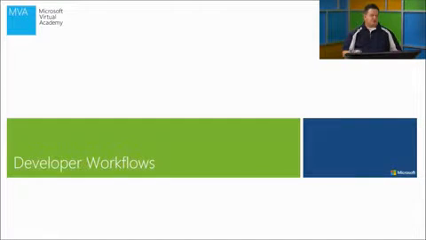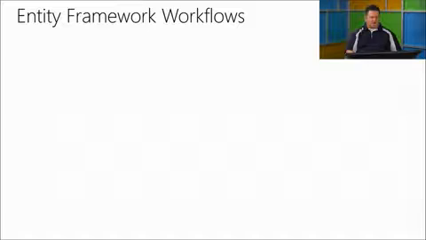All right. So we've got this idea of these models, right? Conceptual, structural, mapping, and all that kind of stuff. And so the question is, how do we go about building them? How do we get these models into place? And so there's really a couple of workflows that you as a developer can go through as you look at developing with Entity Framework. And so the way that you would think about the model that's right for you is based on a couple of inputs.